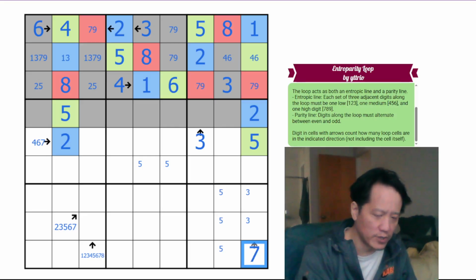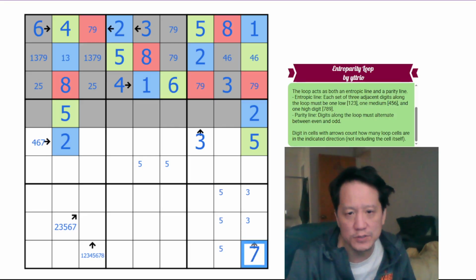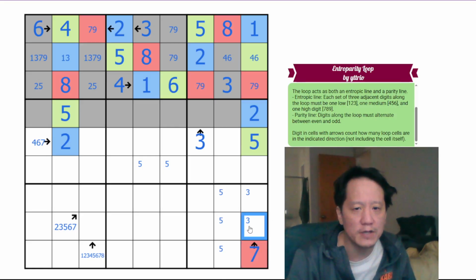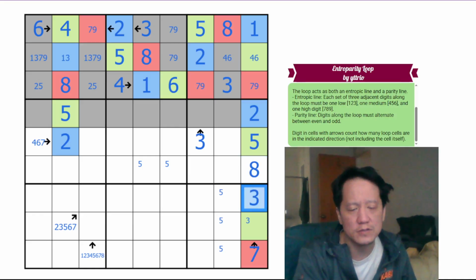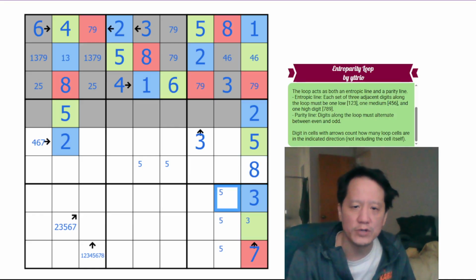Okay, so let's try what happens if this is 7. So then this would be high. We'd have medium this way. Medium, low. So that would be 3. This would be 4 or 6. That's fine. This would then be 8. So it'd have to go here. High.